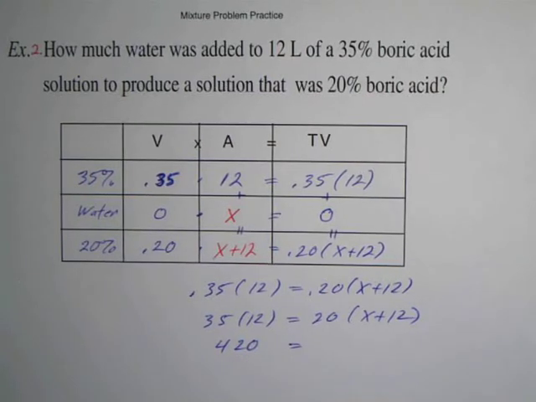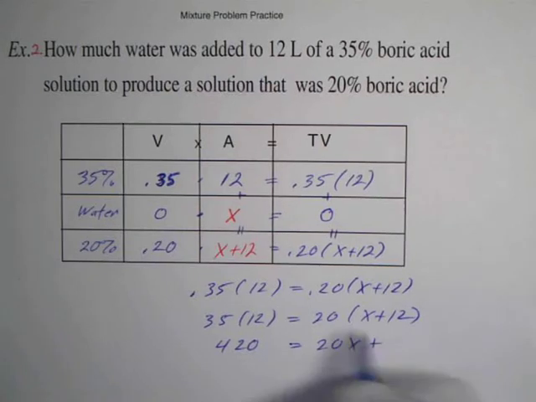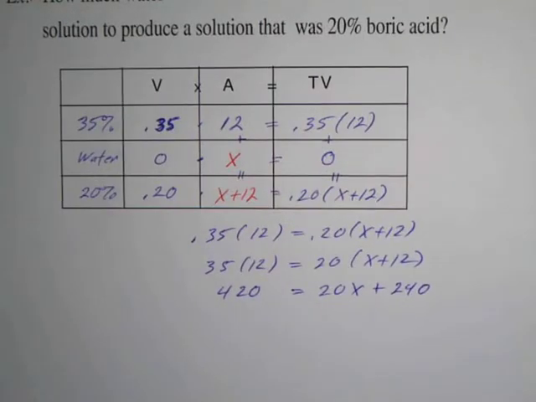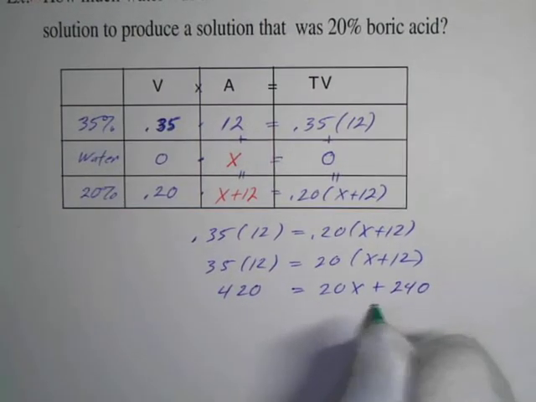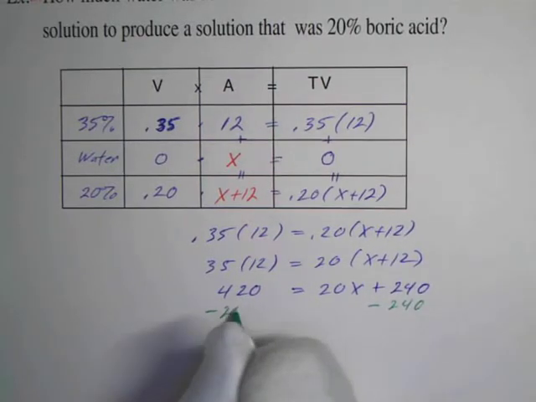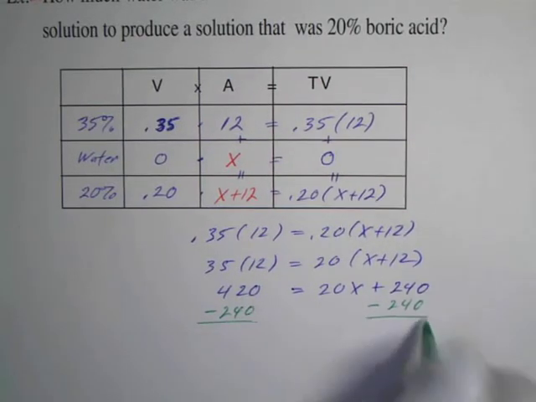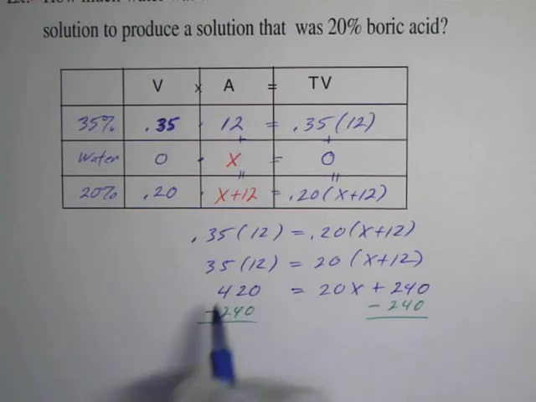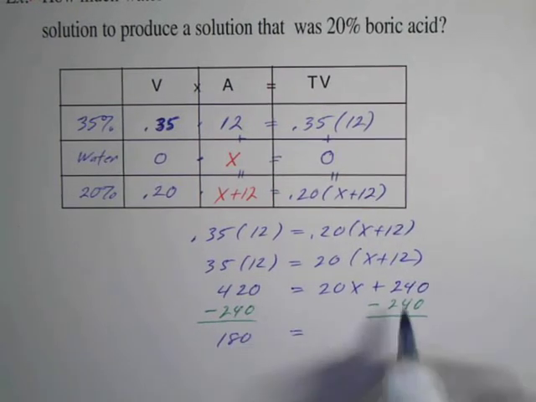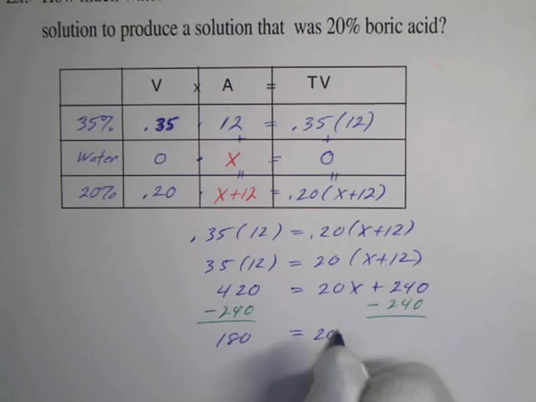And then 20 times X plus 12, 20 times X, distribute, plus 20 times 12 is 240. And then I'll just subtract 240 from both sides to isolate my X. And on the left I've got 180, and that equals just 20x.